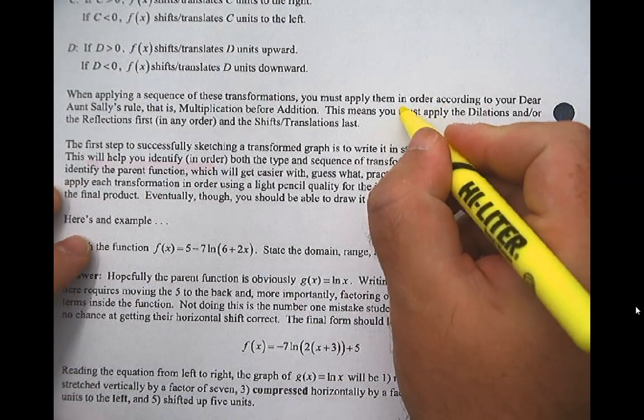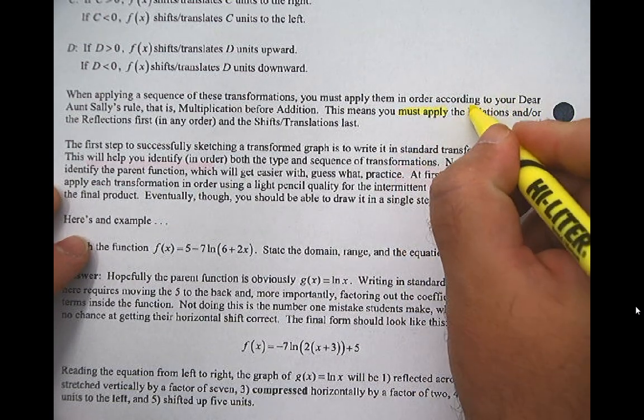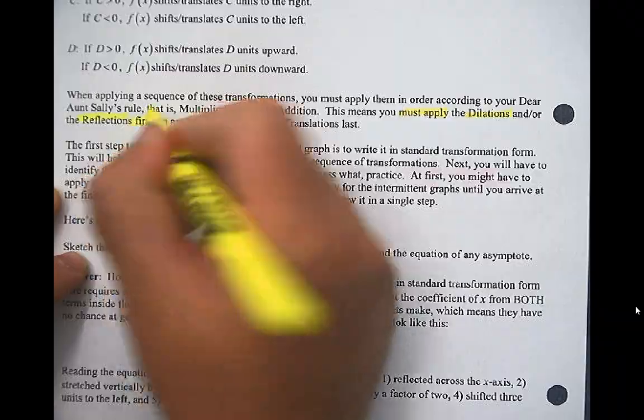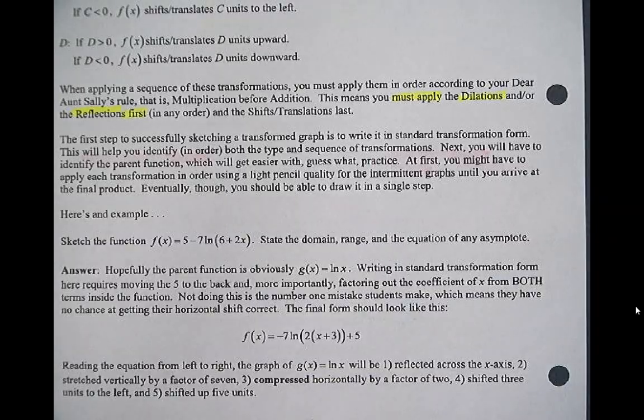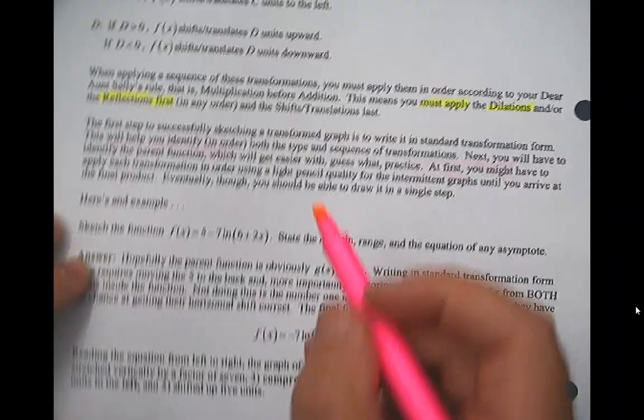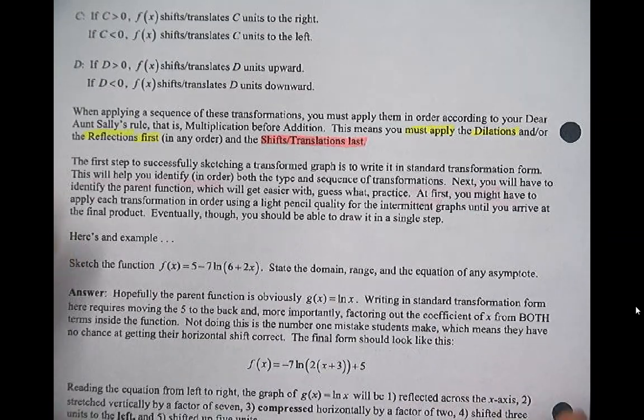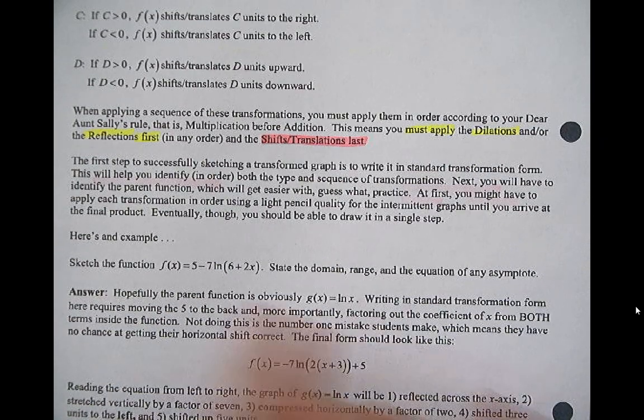So you must apply dilations and reflections first. Shifts, translations, those will come last. So kind of like the order of operations, kind of makes sense, right? You do multiply and divide first, then you do add and subtract next.